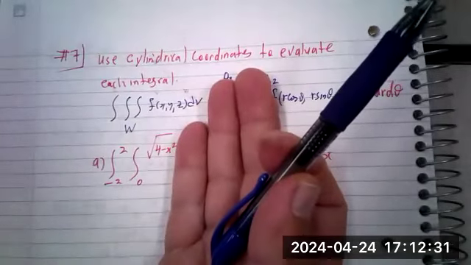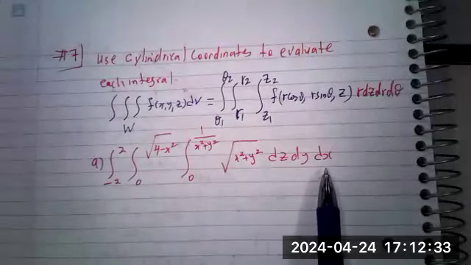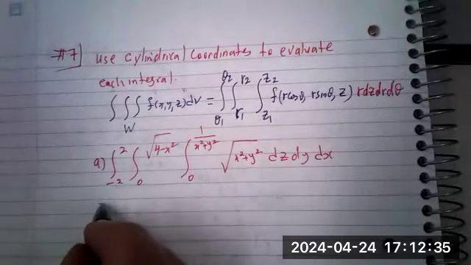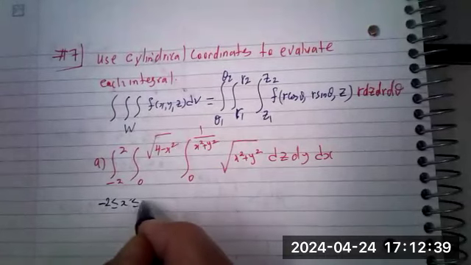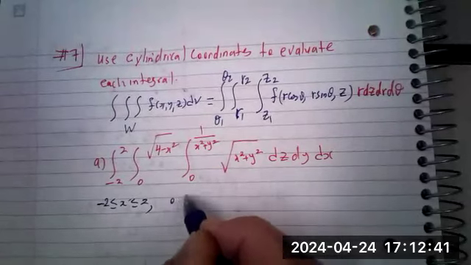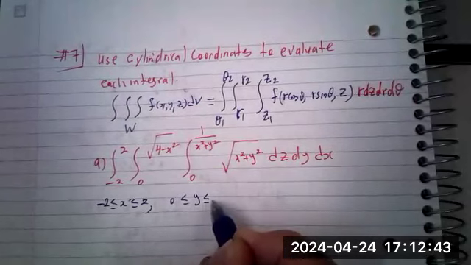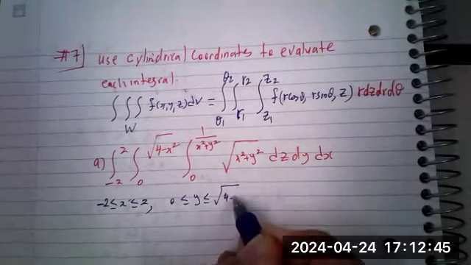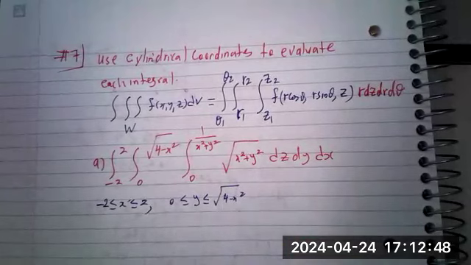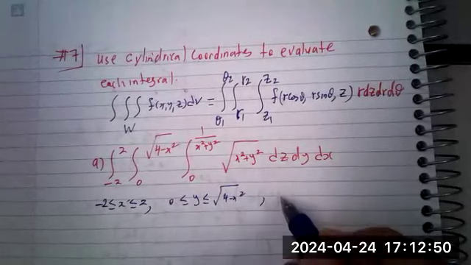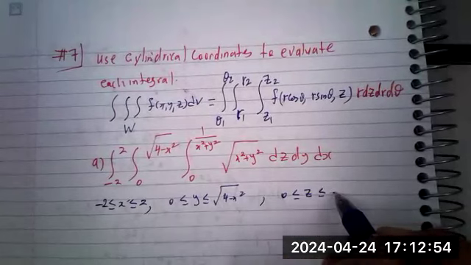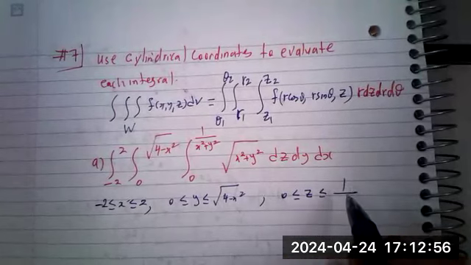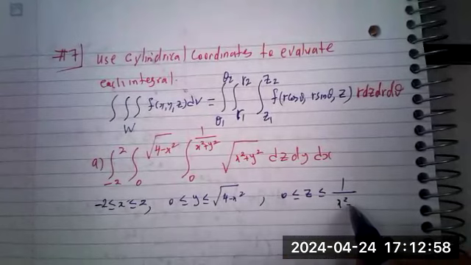As you can see, your x is between -2 and 2, and your y is between 0 and the square root of 4 minus x squared. And your z is between 0 and 1 over x squared plus y squared.